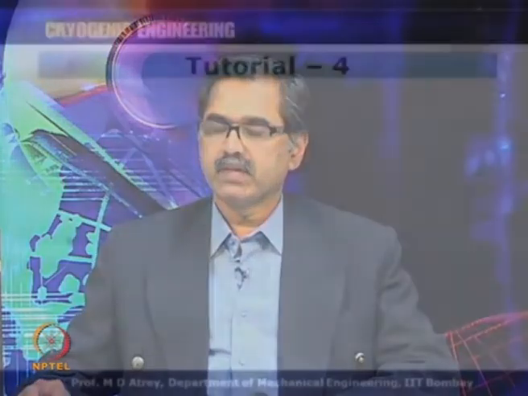So, tutorial 4 is basically solved to understand the mixture of three different gases, and also the conceptual understanding of separation of one of the components from this mixture of three gases, or separating all these three components from each other, can be understood from this tutorial 4. So, what does the problem statement read?